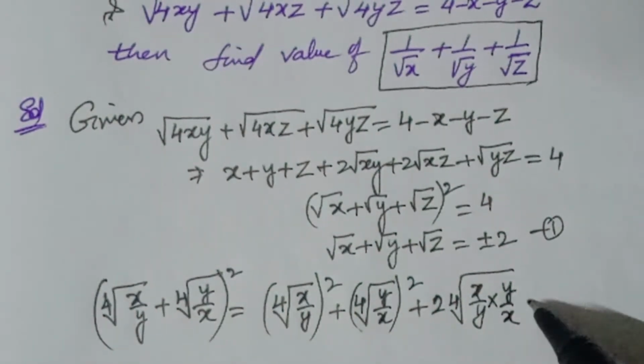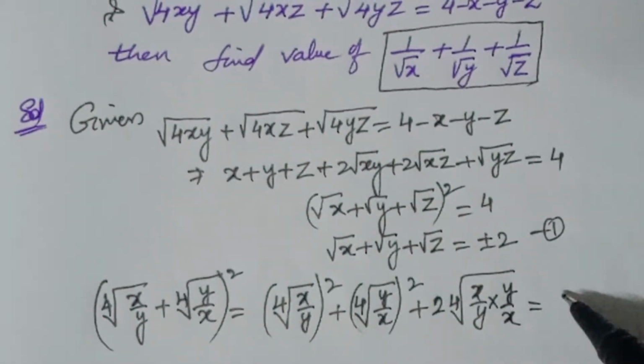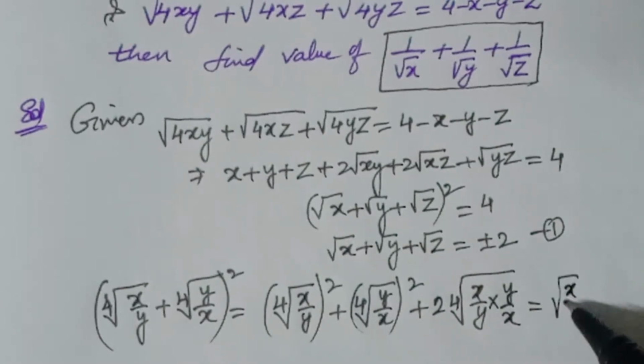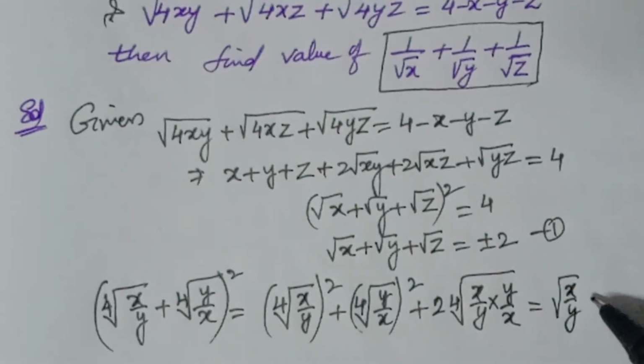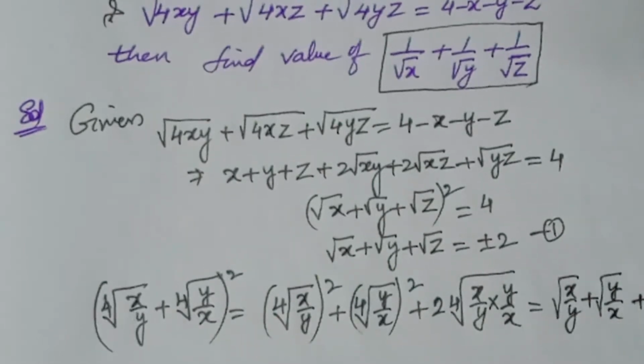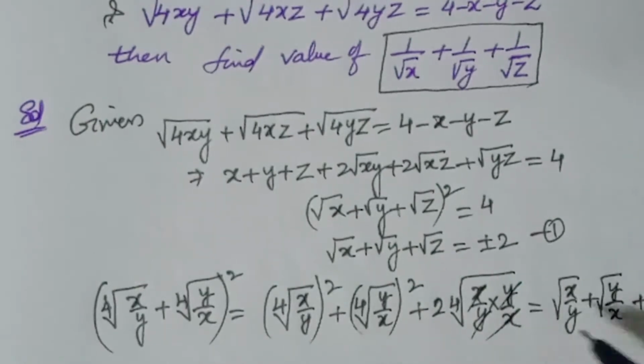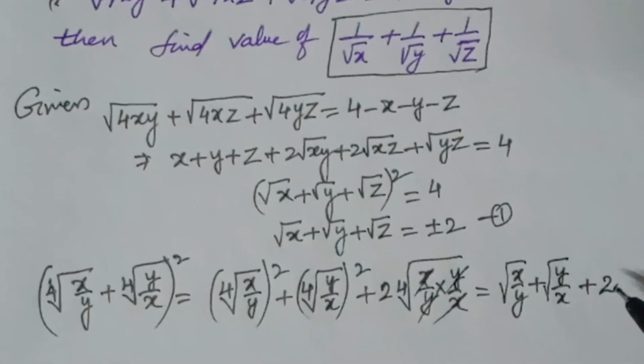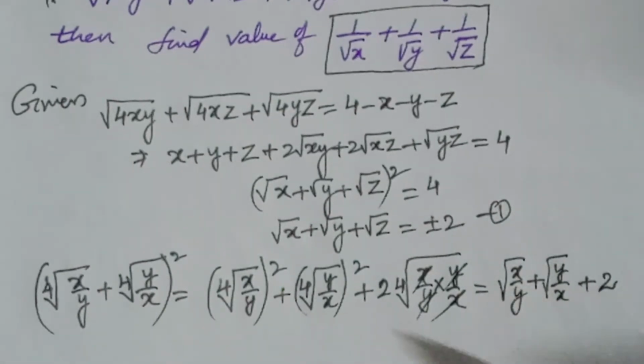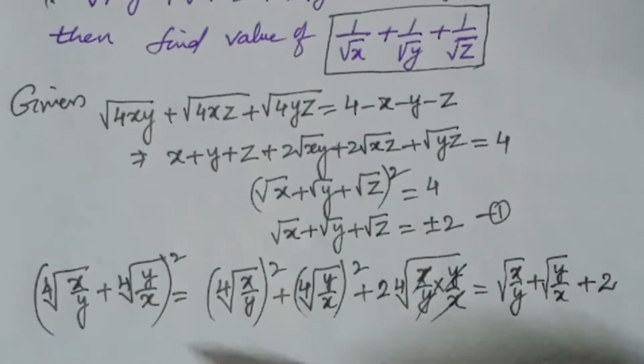So we will get root x by y plus root y by x plus this value is 2. X cancels, y cancels. Fourth root of 1 is 1 only. You will get 2. So in the same way, the remaining two parts will also be obtained.